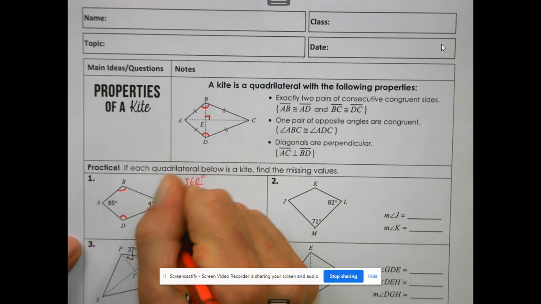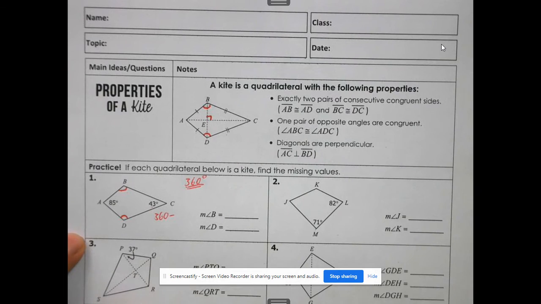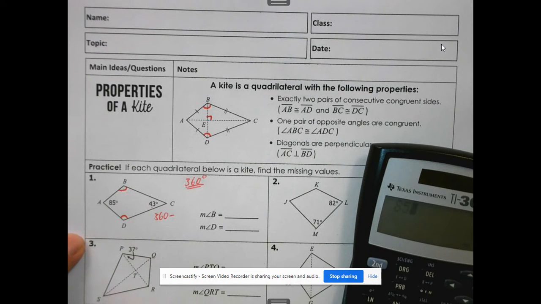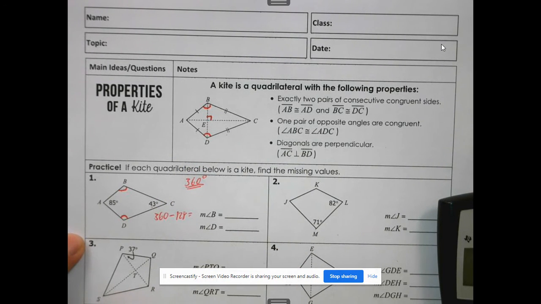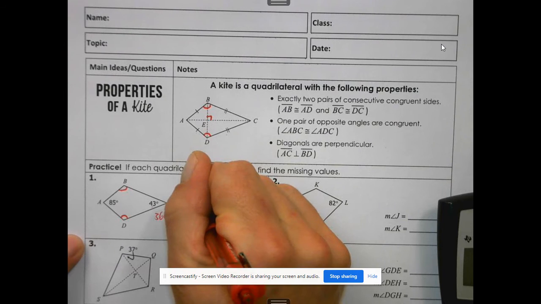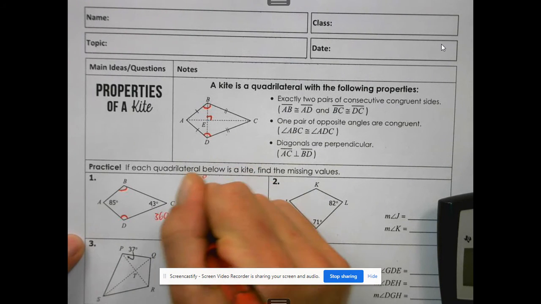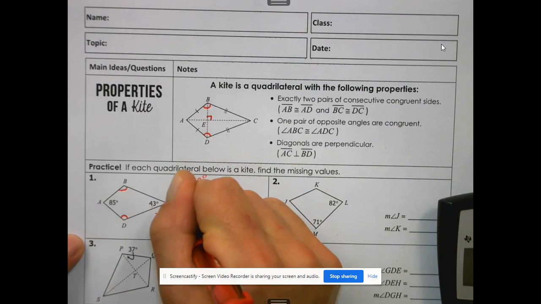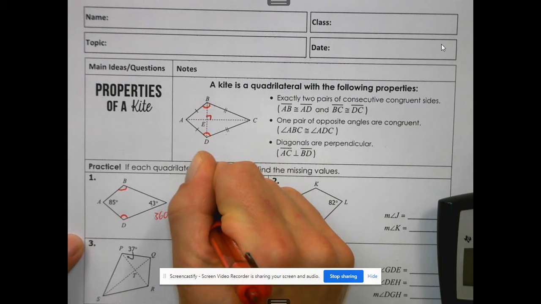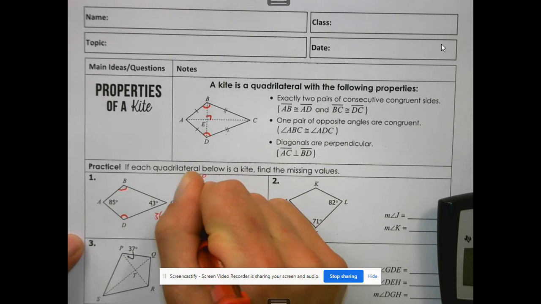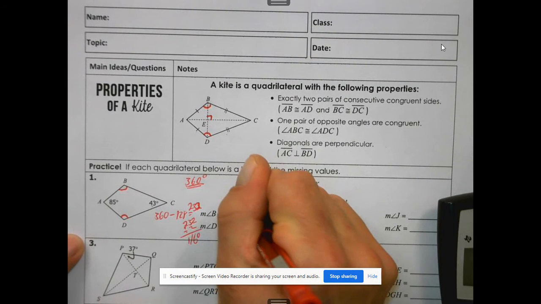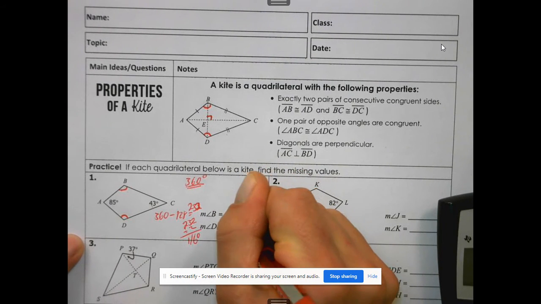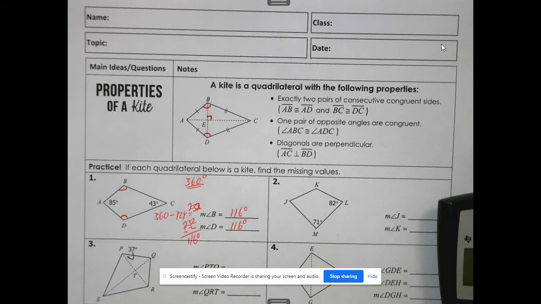So 360 minus, let's see here, 85 plus 43 is 128. That gives me 232. And then I got to take that 232, sorry about my writing, 232 divided by 2. That comes out to be 116. So each of those B and D are 116.